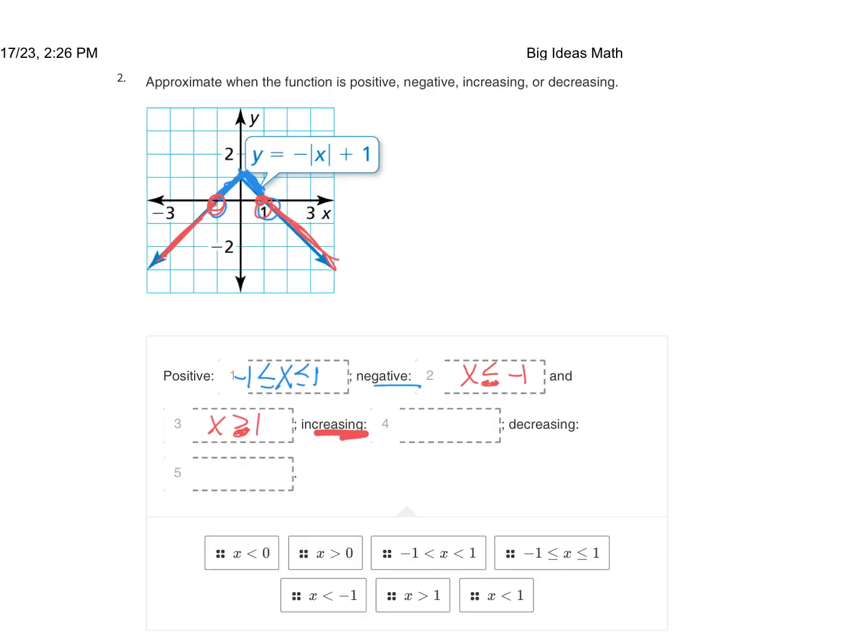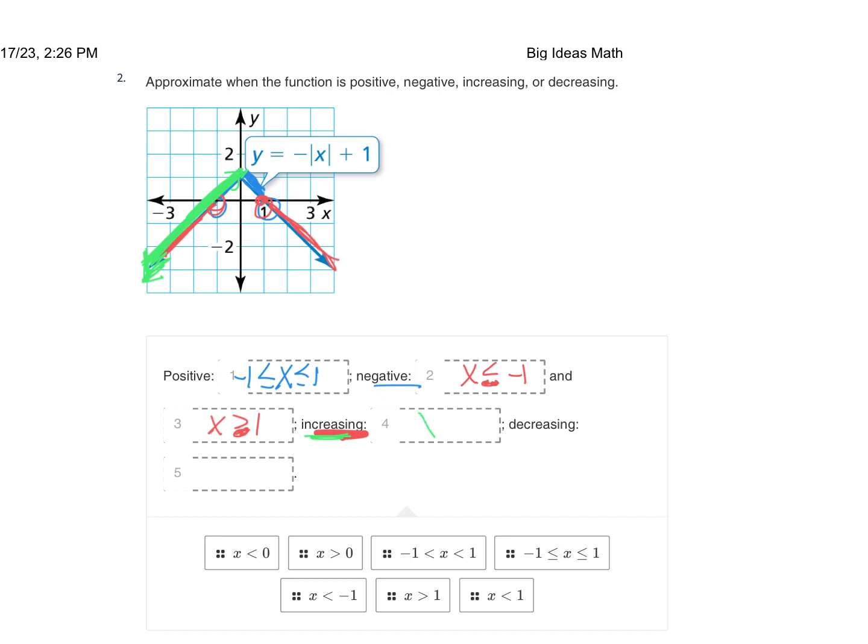All right, the next part is asking us when is it increasing, okay? So we're not looking at the positive side or negative side. We're looking at when the graph is increasing. So this section here, from here to here, where our x value is increasing, right? This goes to infinity, right?